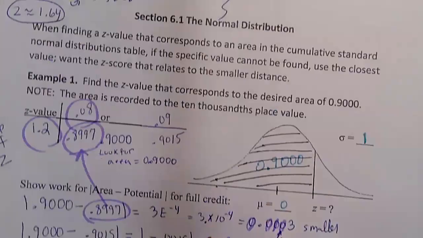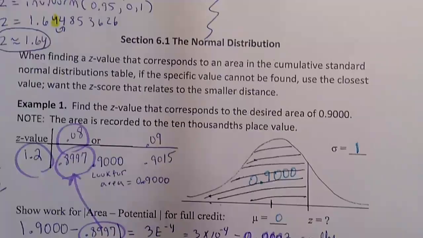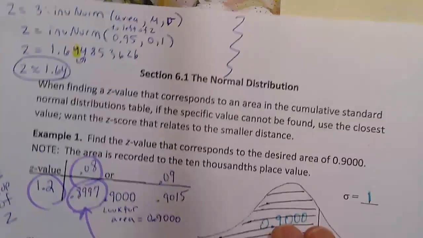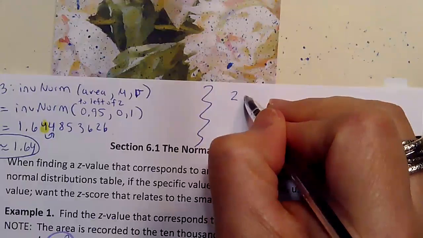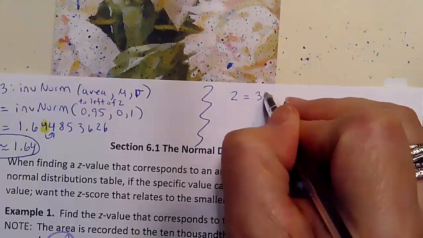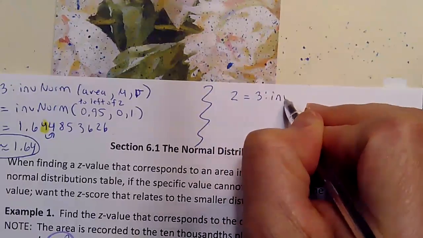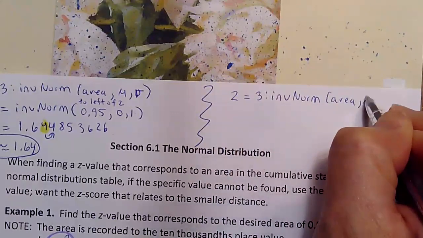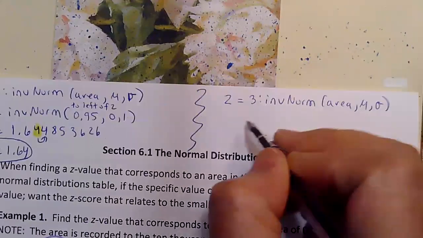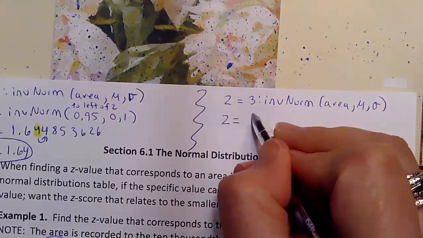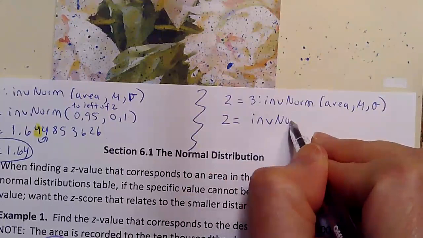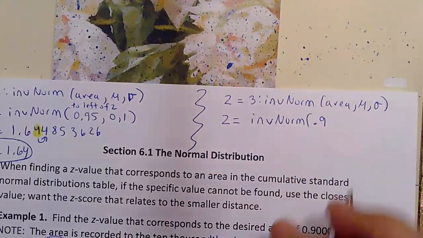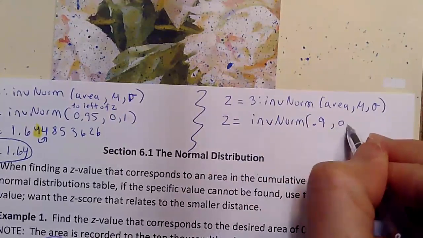And then if I do the calculator for that, the area to the left is 0.9. I'm going to do my substitutions. And as we said, area is 0.9, and you don't need to write all those zeros. Mu is 0 and sigma is 1.